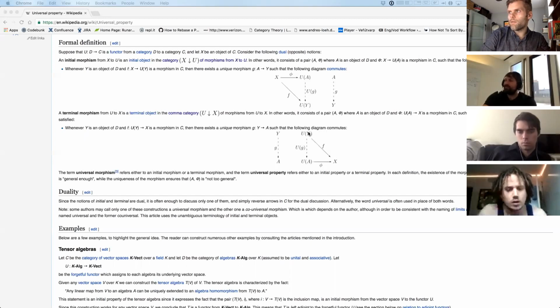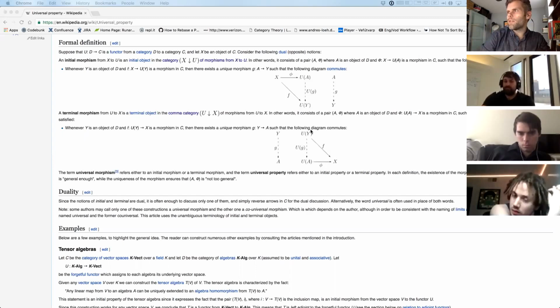If U is the identity functor, then this is just the nice category over X. But we can generalize that notion and ask what if we have some other functor. Then we have this thing called a comma category, which involves some other source or index category.